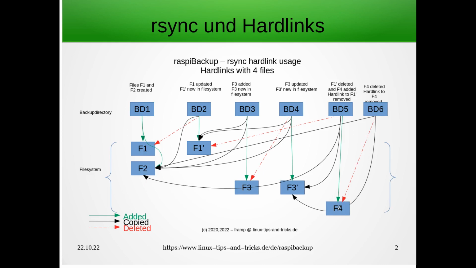And file 4 was deleted, so just ignore this one and don't create a link for this. And file 3 modified still exists on the backup space and also on the source, so just create a link. And when backup directory 6 is created, no data is copied from the source to the backup space.